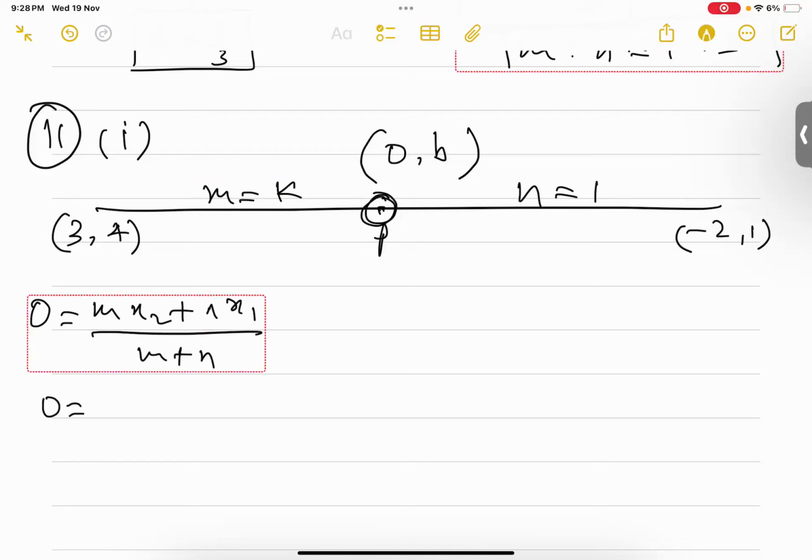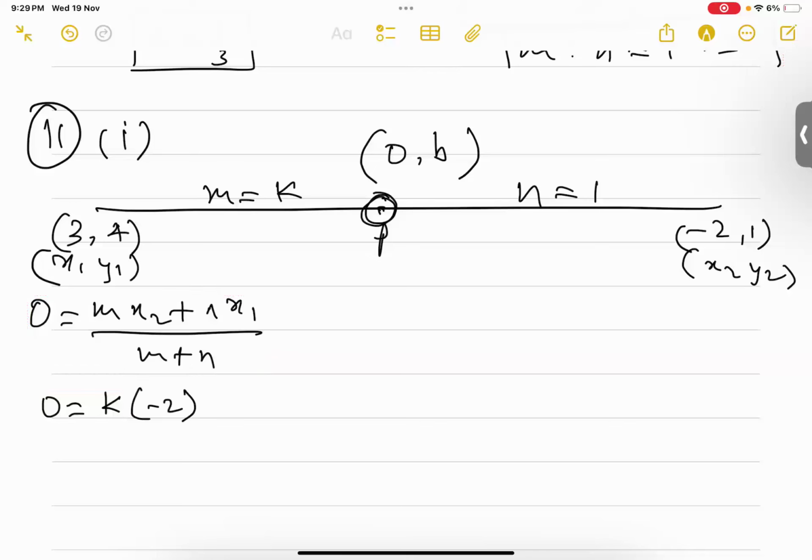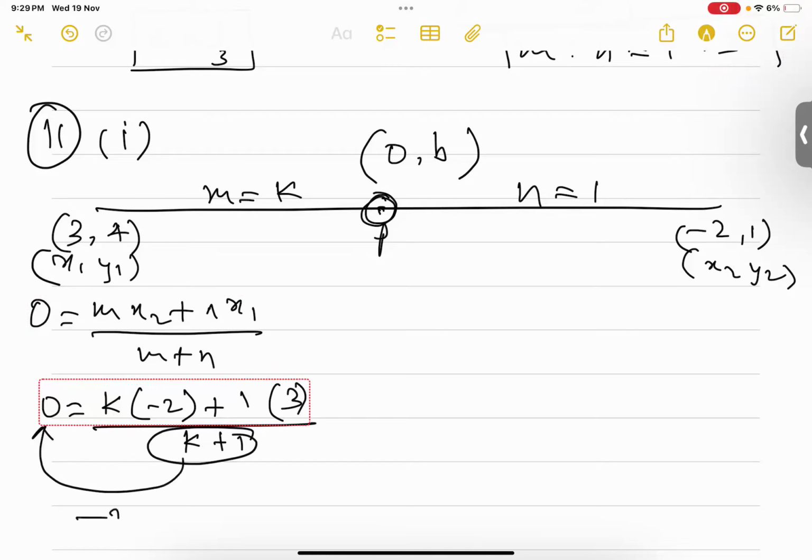So 0 is equal to, m is assumed to be k, this is x1 y1, this is x2 y2, so k into minus 2 plus 1 into 3 upon k plus 1. So k plus 1 will go over here. So minus 2k plus 3 is equal to 0. So k is equal to 3 by 2.